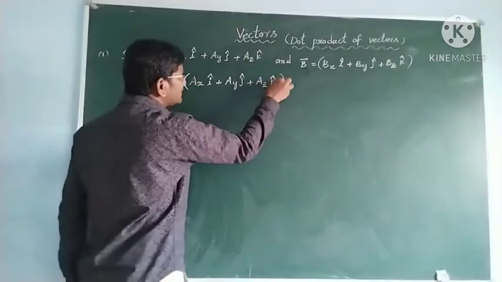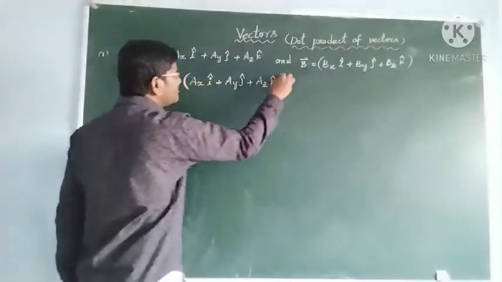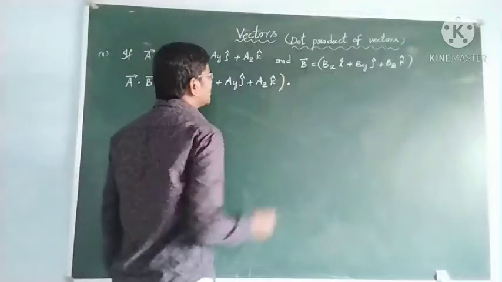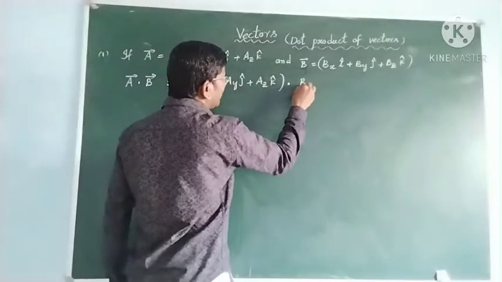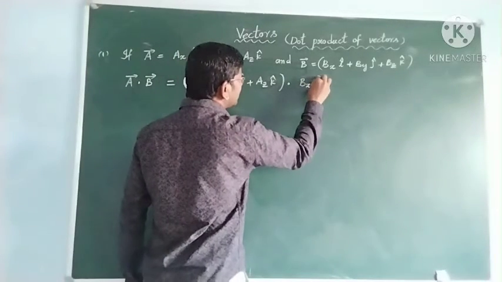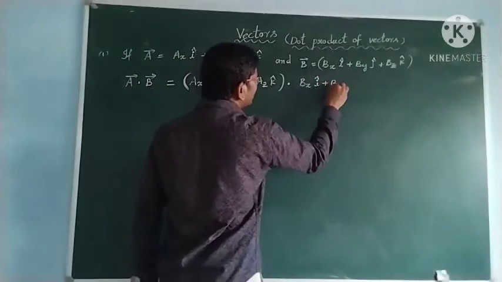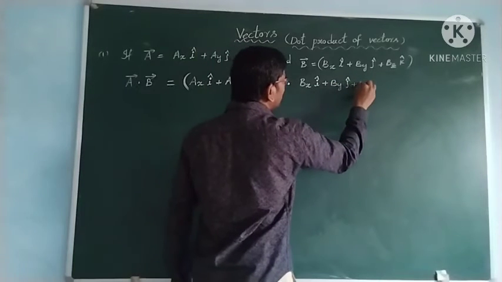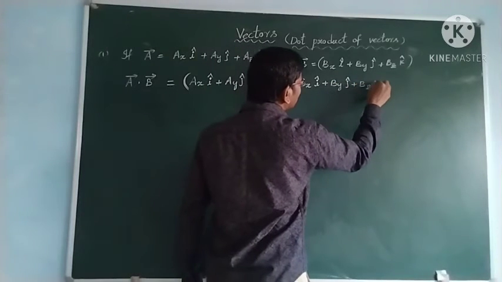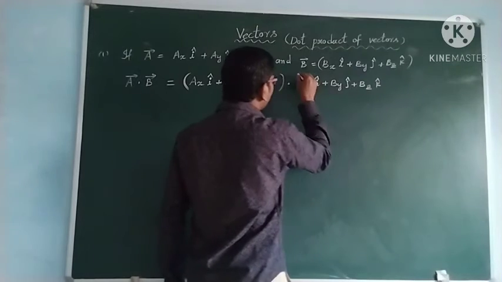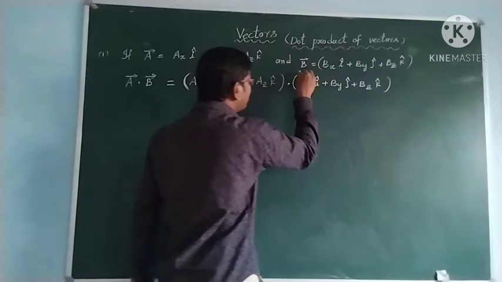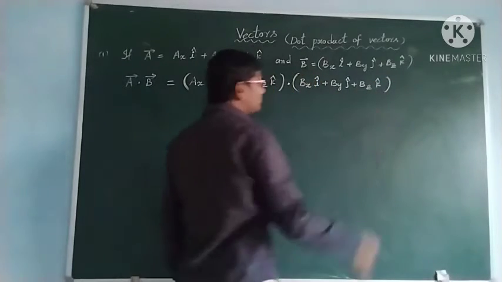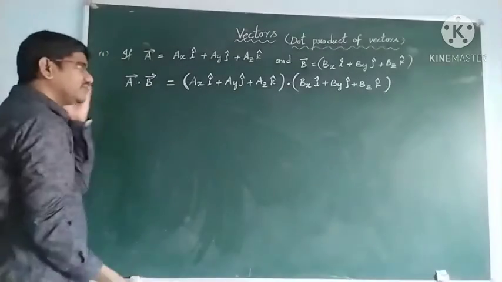So with this I am checking the dot. So into what to write, students? Bx into I cap plus By into J cap plus Bz into K cap. So we are checking the dot of them.